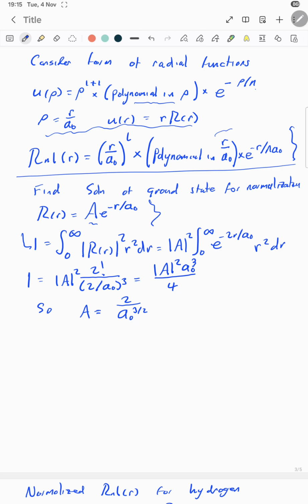So it's squared over the magnitude. We pull out a constant, which is a squared, and then we have this to solve, and so on and so on. So this is our normalization constant with 2 over the Bohr radius to the power of 3/2. And this you'll see in the table of normalized hydrogen solutions.